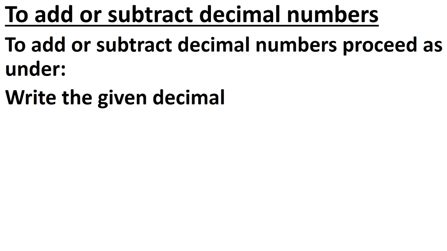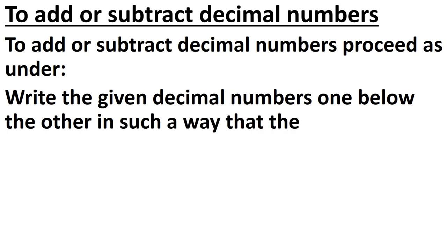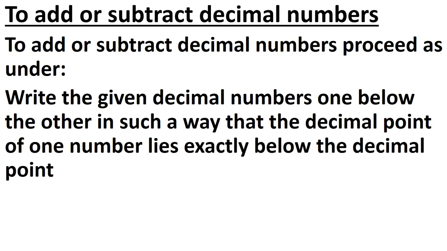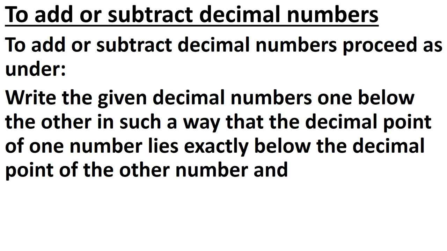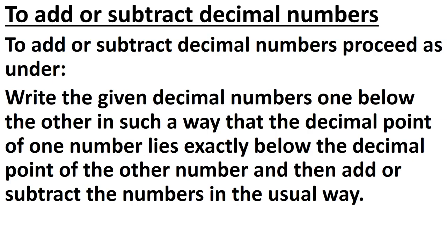Write the given decimal numbers one below the other, in such a way that decimal point of one number lies exactly below the decimal point of the other number. And then add or subtract the numbers in the usual way.